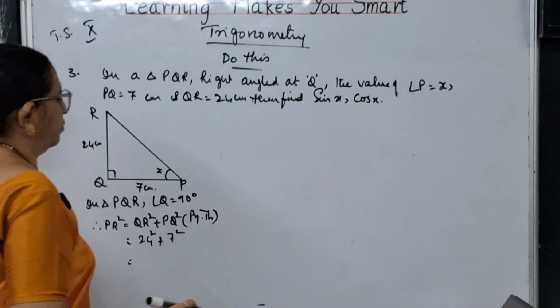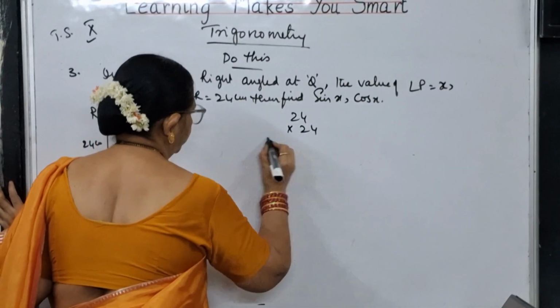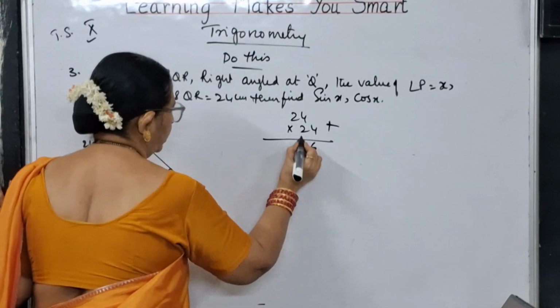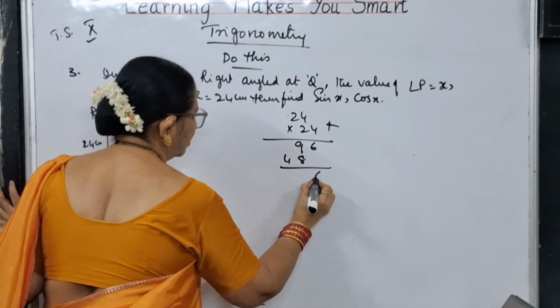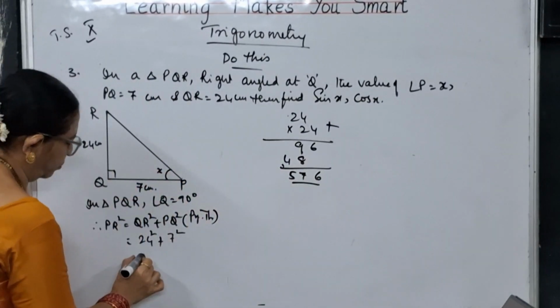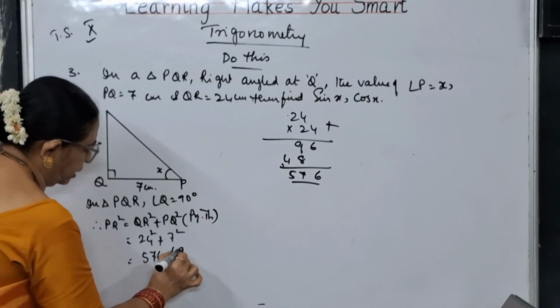So what is 24 into 24? When you multiply, 4 4s are 16, 4 2s are 8, 1 9, 2 4s are 8, 2 2s are 4. So you are getting its value as 576 plus 49.